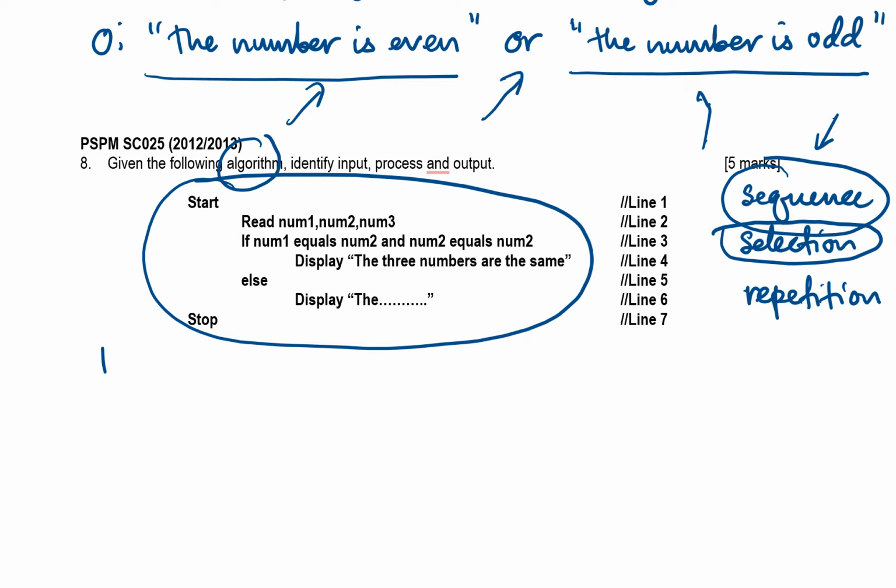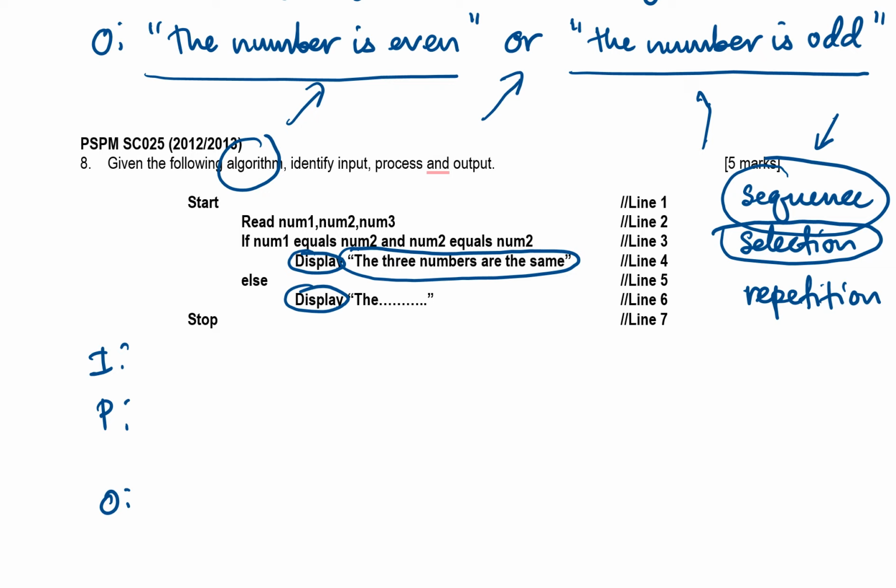Now you have to identify the output first. Normally, we get the output first. So the output is from the word display, or the word output itself. You just write exactly whatever is in the display and in the double quote.